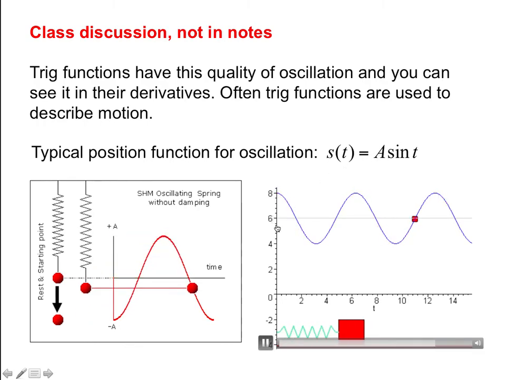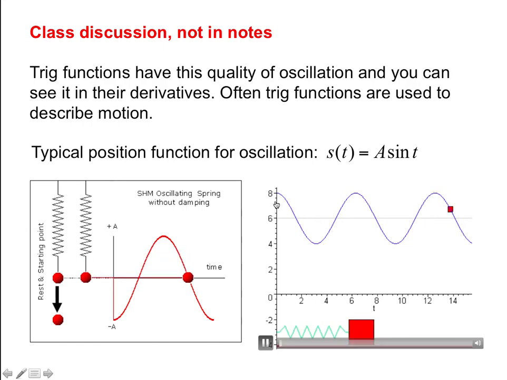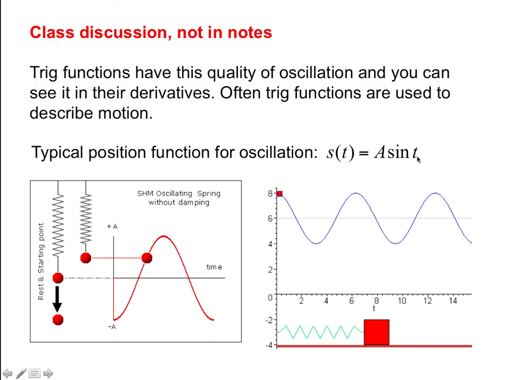So if you look at these drawings here, this trig function, its center is along 6, and then the hills are up at 8, and the valleys are down at 4. So this blue function here, with the block moving horizontally, represents the position of that block, and its amplitude is up 2 and down 2. So that would be like 2 sine t.